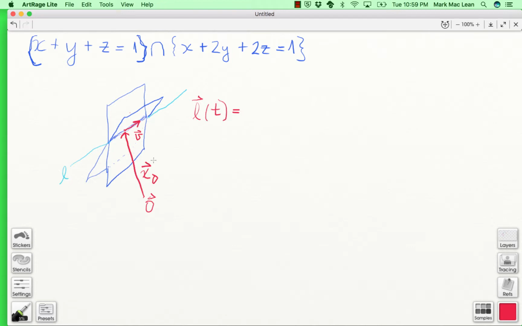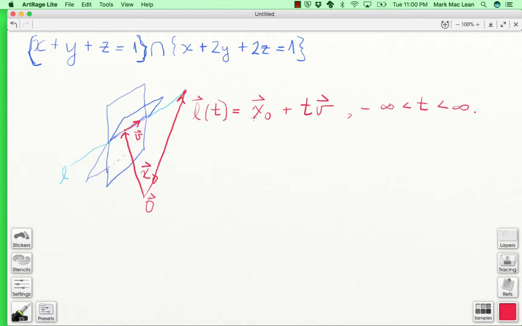If you look at this, L points to some point on the line, and it gets there by going to x naught and then traveling along in direction v, some multiple of that length, either one way, or if it's negative, the other side of x naught. The way we write that down is x naught plus t times v, and here t covers the whole line, so it could range from minus infinity to plus infinity.